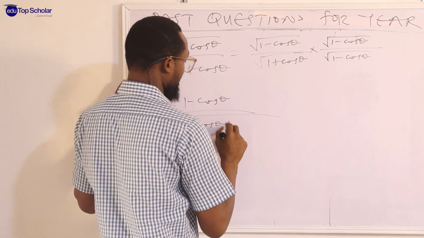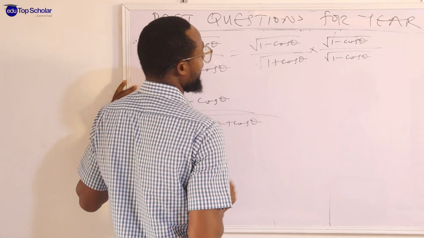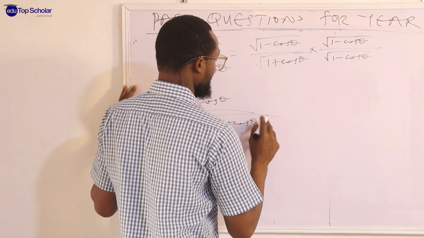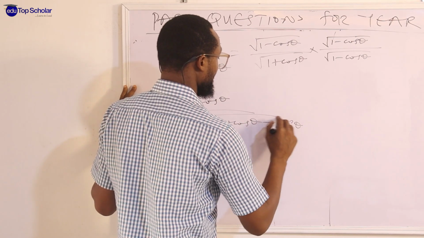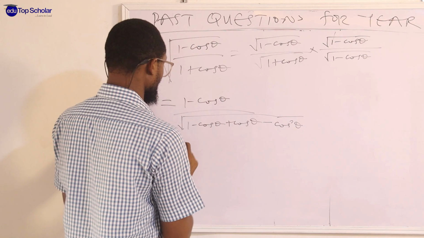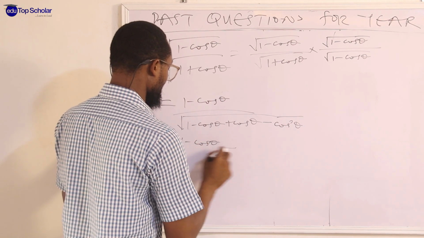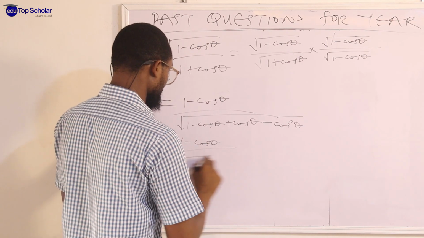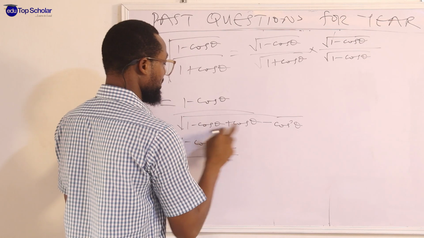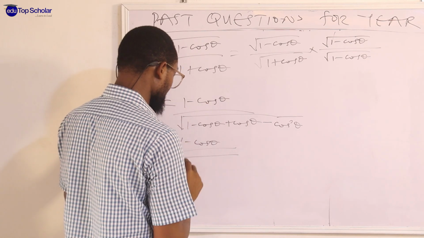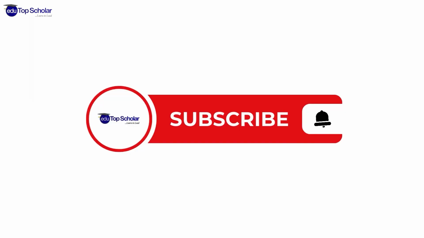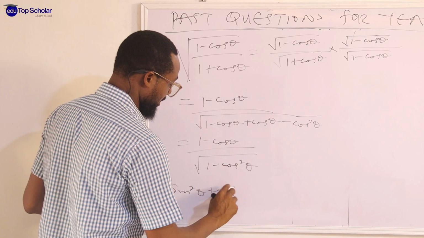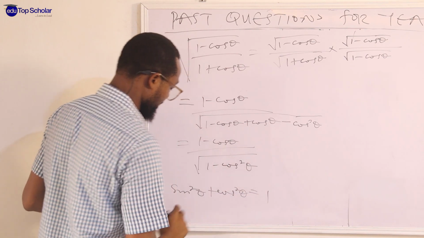We now have root 1 by 1, 1; 1 by minus cos theta, we have minus cos theta. Cos theta by 1, we have plus cos theta. And cos theta by cos theta, we now have minus cos squared theta. So this gives us 1 minus cos theta over root of minus cos theta plus cos theta, that will be 0. So we are left with 1 minus cos squared theta. Let's take it again from the first identity where we have sine squared theta plus cos squared theta equals 1.